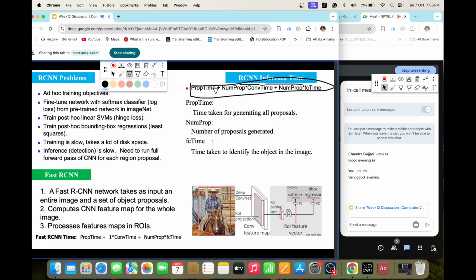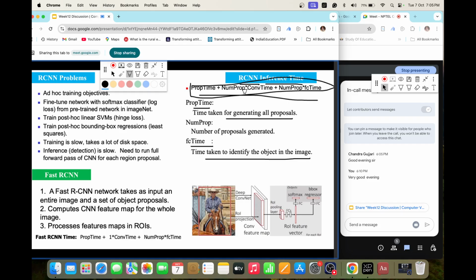So the total inference time for this RCNN model is the proposal time, that is the time taken for generating all the proposals, plus the number of proposals into convolution time, plus the number of proposals into the FC time, the time taken to identify the object in the image.